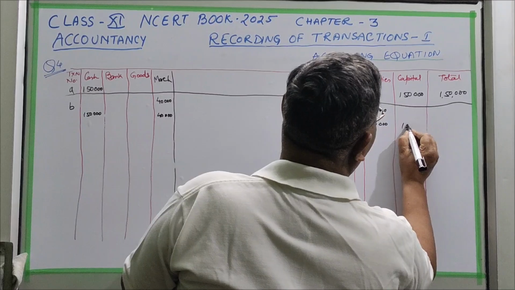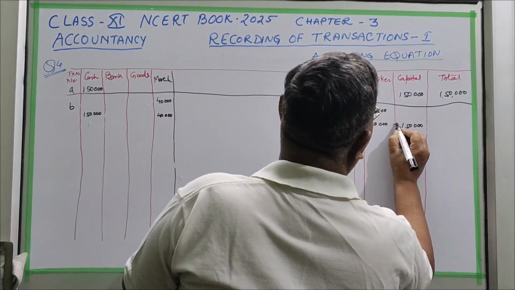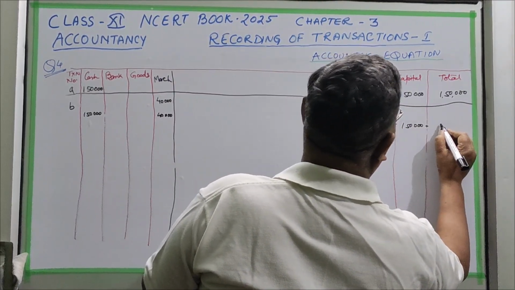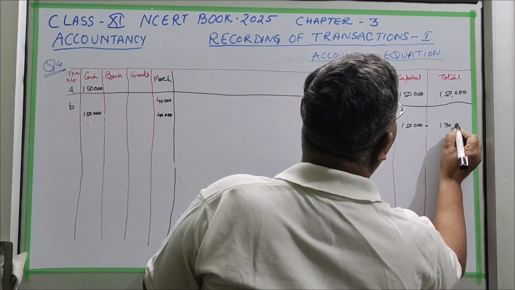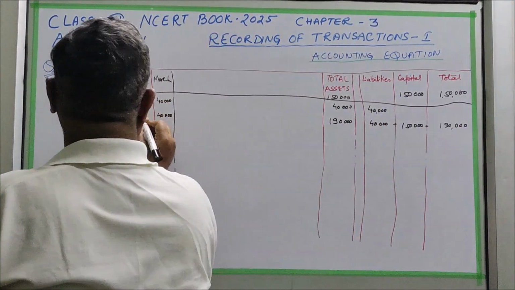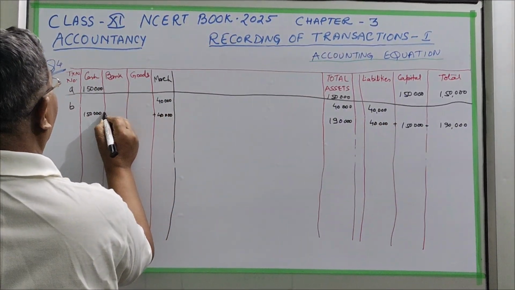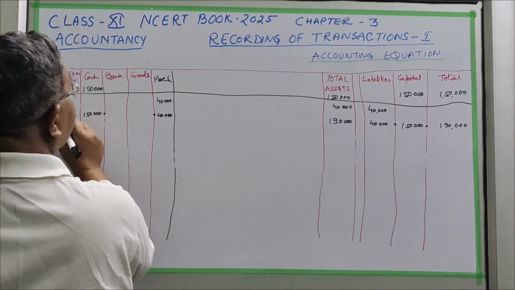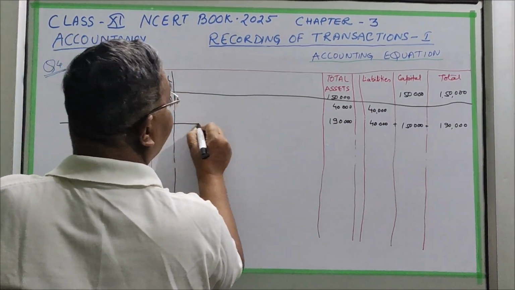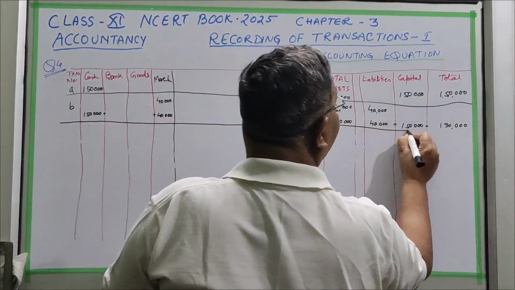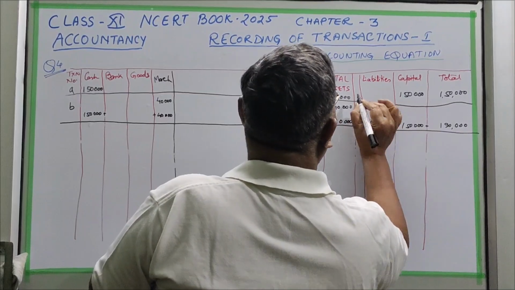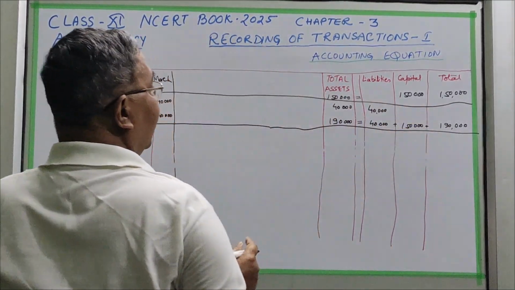Some people show it with a plus sign also, please show it with a plus also. So the second equation is complete: all assets are equal to your liabilities.